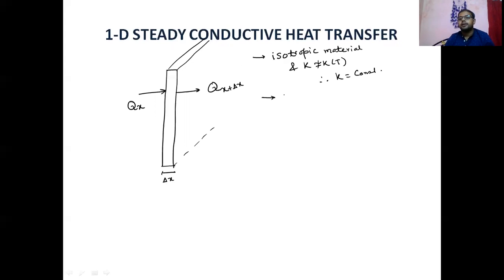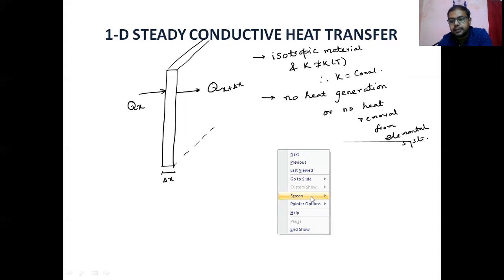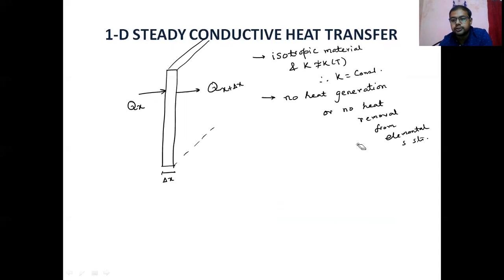Second assumption, a very important assumption: no heat generation or no heat removal from the element. There is no heat generation going on, and there is no heat removal also going on.